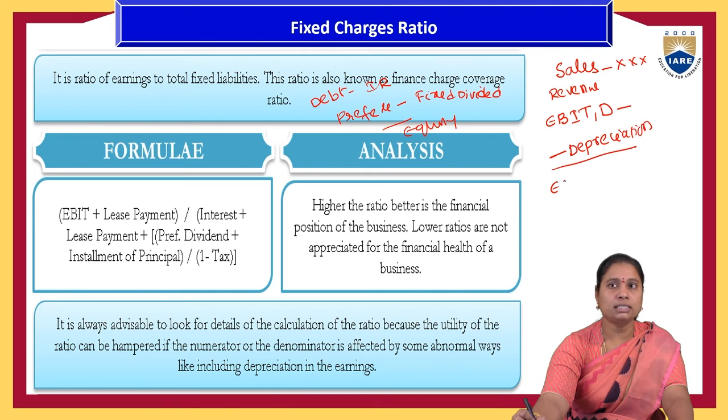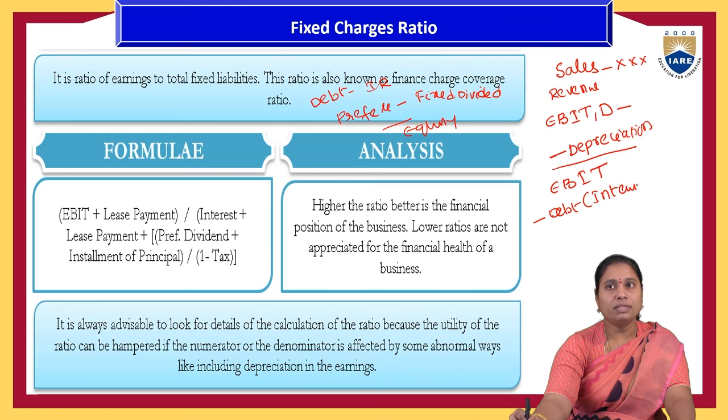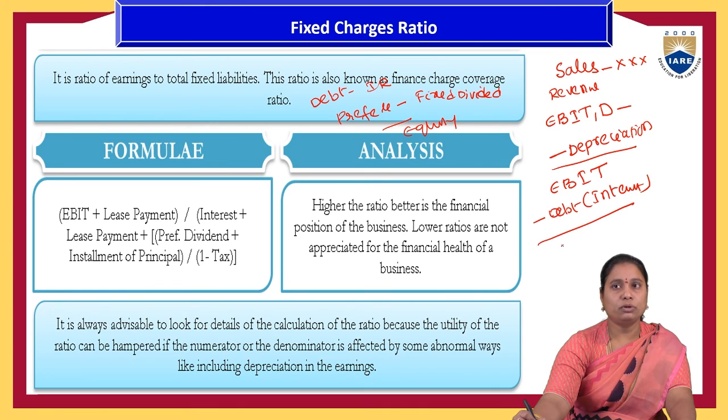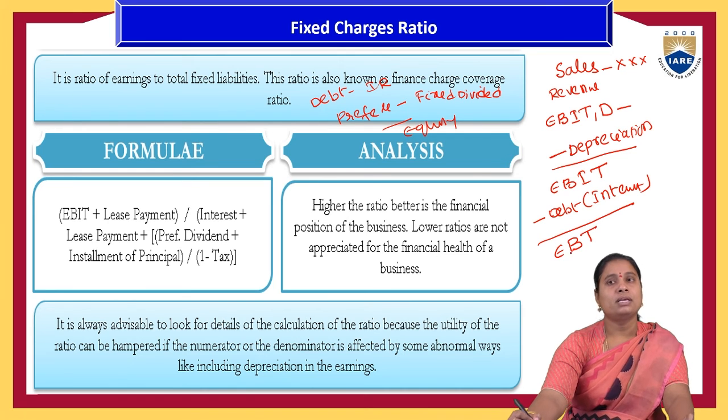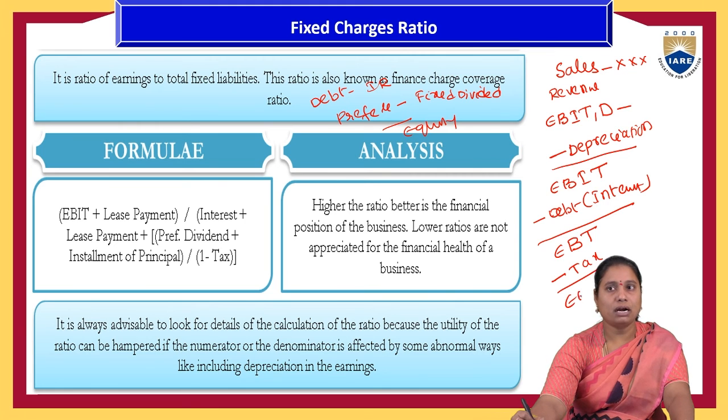The remaining will be called earnings before interest and tax. Out of this, to the debt holders, they will pay the interest. If they have paid the interest, the remaining balance will be called earnings before taxation. Then they will pay the taxation, giving earnings after tax and depreciation.